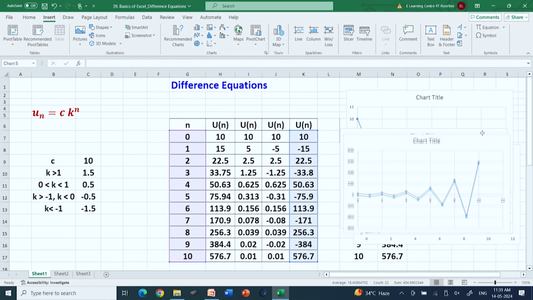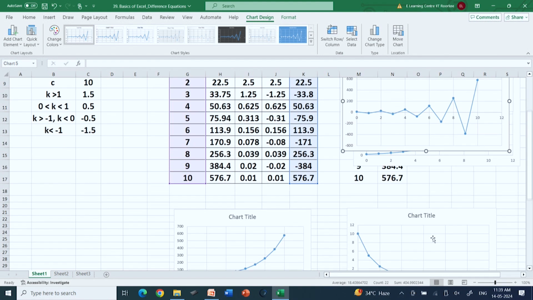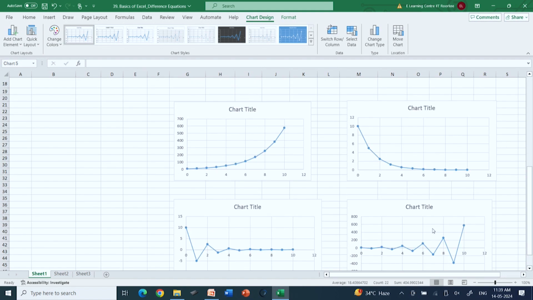So now you get the values where the oscillation is increasing for the value of k which is less than minus 1. I already have these charts here.